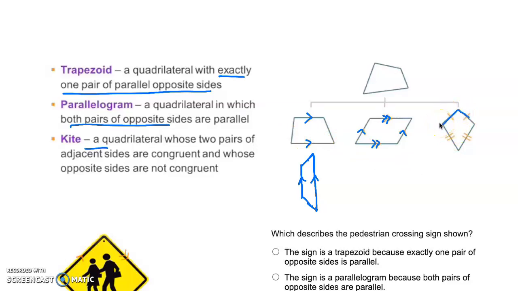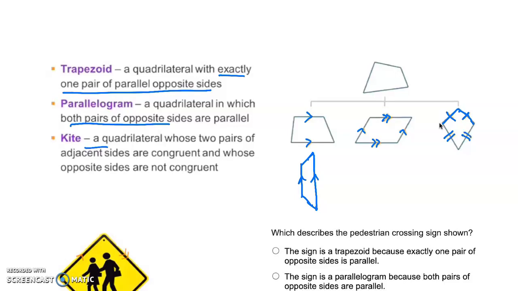So this side and this side, they're adjacent, they're next to each other. They are congruent. And the opposite two sides are also congruent. But you'll notice these two sets are not congruent to each other. So this set is congruent and this set is congruent, but those two are not congruent. So that makes a kite.